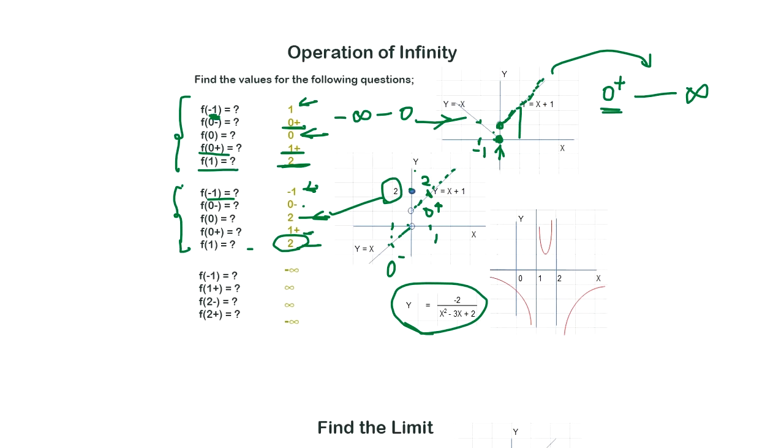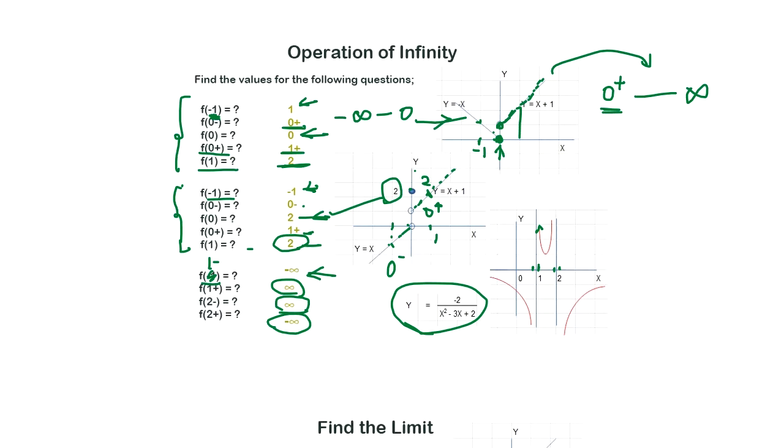Let's look at negative 1. Negative 1. This is wrong. 1 negative, here. Okay? Then it goes to negative infinity. 1 positive here goes to positive infinity, this one. And 2 negative here goes to infinity, and 2 positive here goes too.